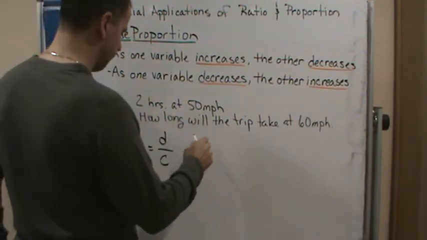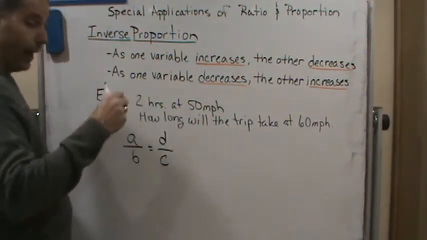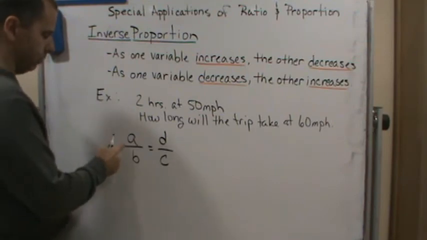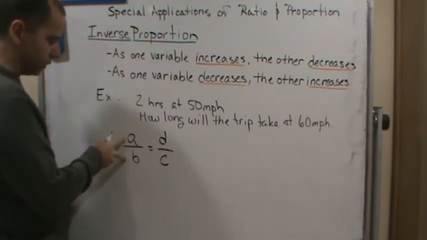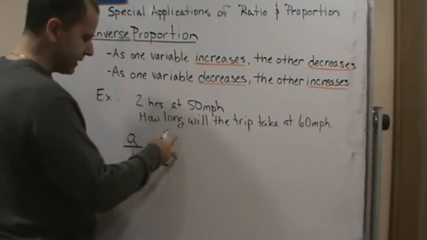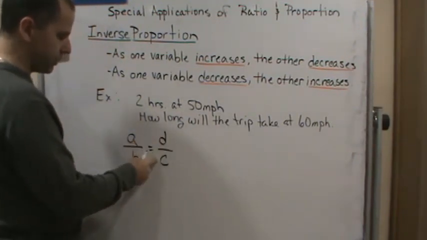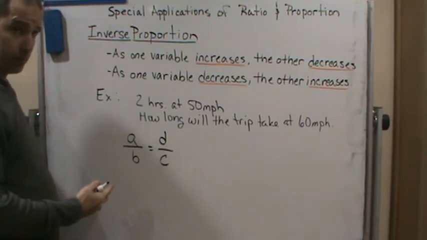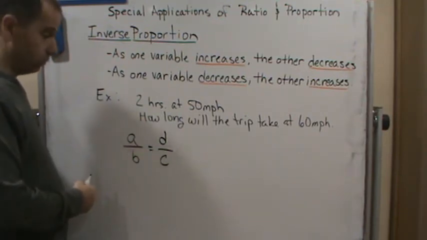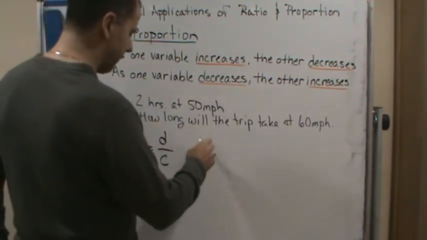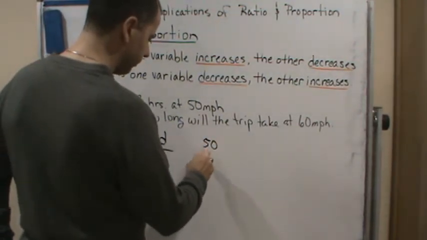So let's set this up. We're also going to have the units on one side of the equal sign: speeds on this side, time on this side, and of course I've got to invert one of the two. So I'm going to have 50 over 60.